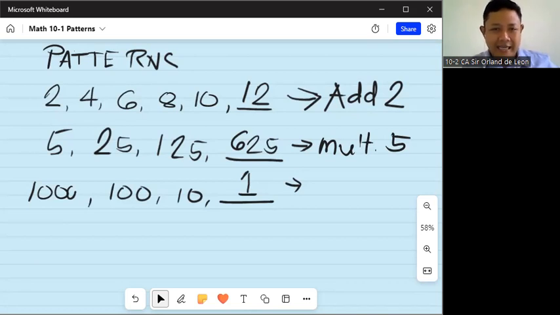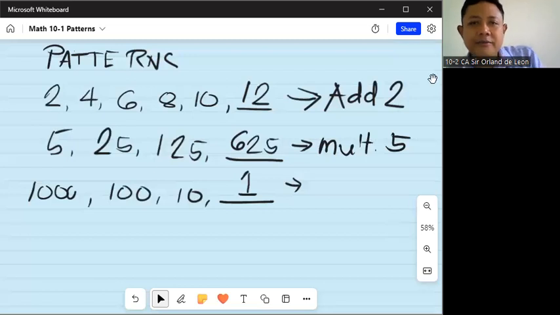Okay, I guess Hans is still struggling with the pattern. Anyone who can help Hans with regards to this? Aside from Sophia, raise your hand please. Who among you can help us identify the pattern used for this?